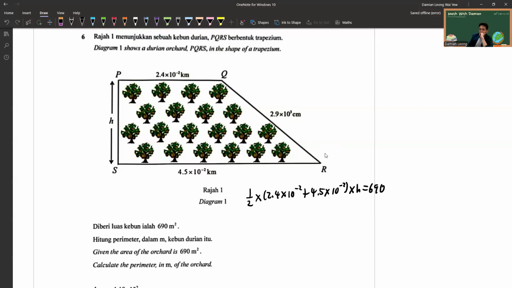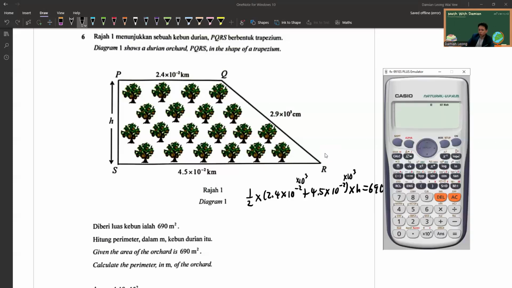To change km to meters, I just times 1000, times 10 to the power 3 here and times 10 to the power 3 here. So half times bracket 2.4 times 10 to the power negative 2 times 10 to the power 3 plus 4.5 times 10 to the power negative 2 times 10 to the power 3.